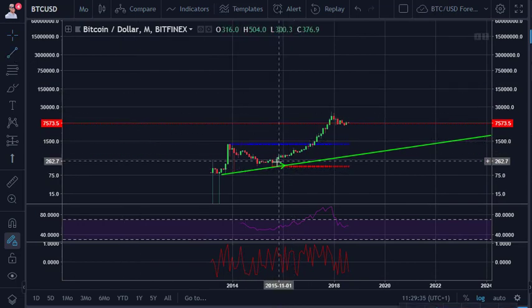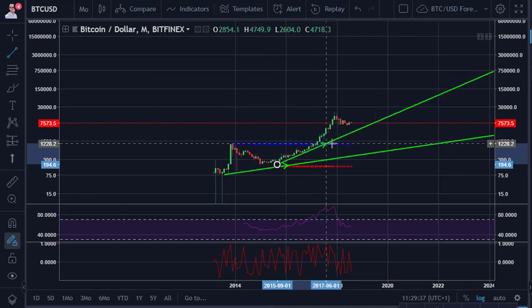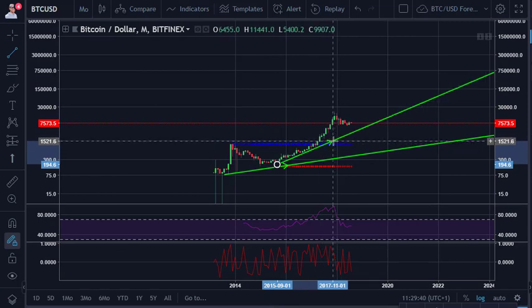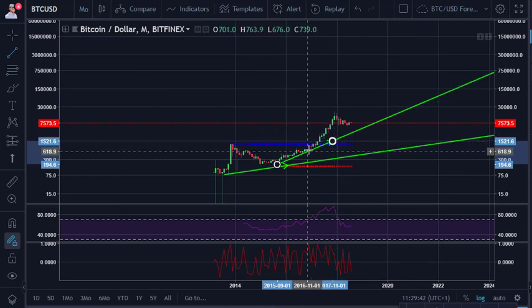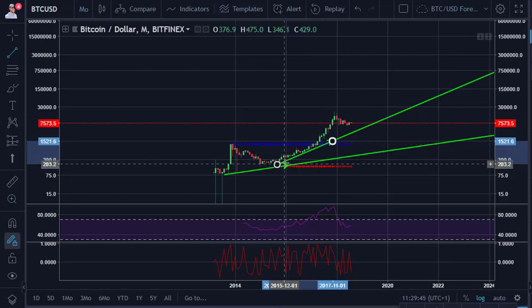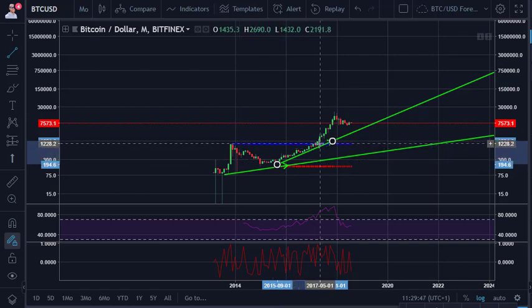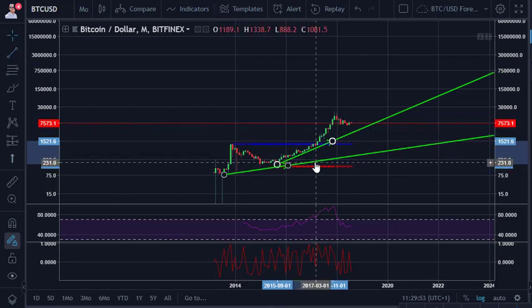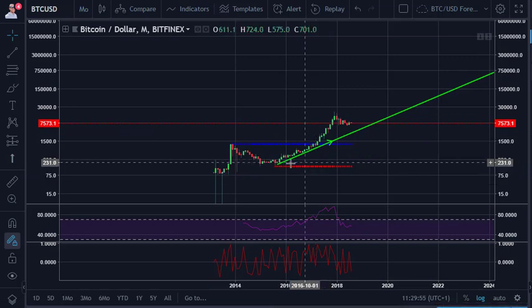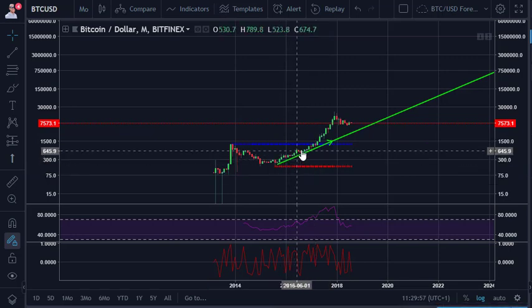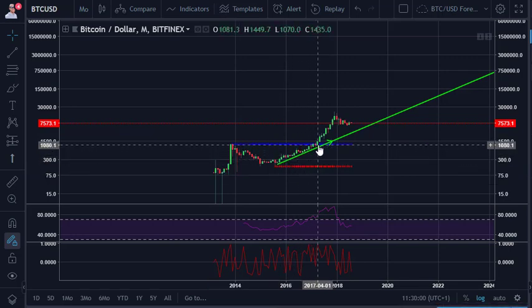There does seem to be another pattern that emerged where this line here was tested a few times. Now this might represent an increase in difficulty with the mining, so perhaps this line is no longer relevant. So let's take this one off, because this line you can see has been tested many times.